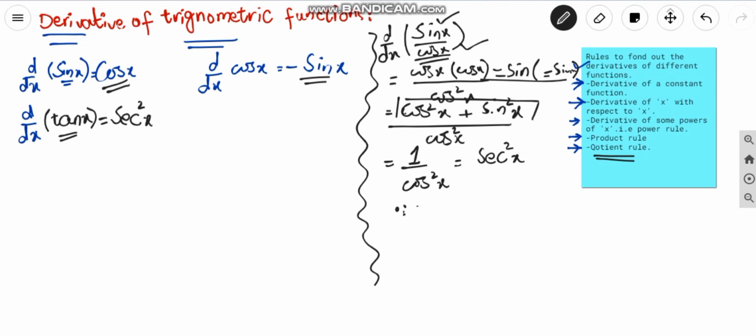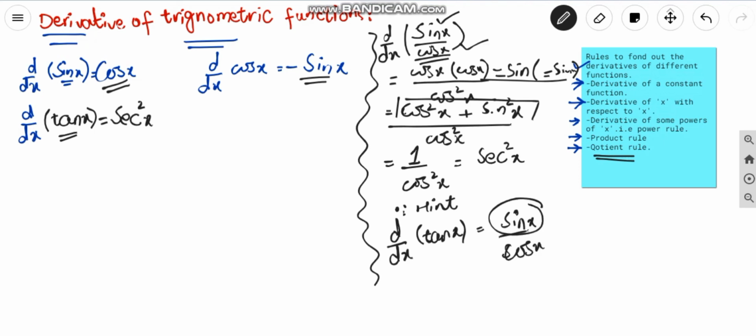As a hint, in order to remember the derivative of tan x: tan x is sin x over cos x. In the numerator the function is sin x. What is the derivative of sin x? It is cos x.